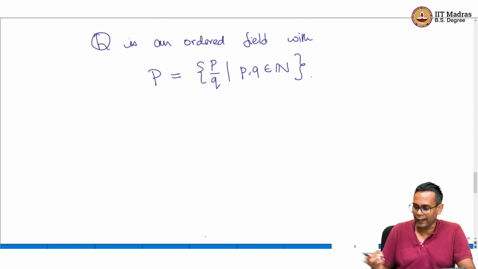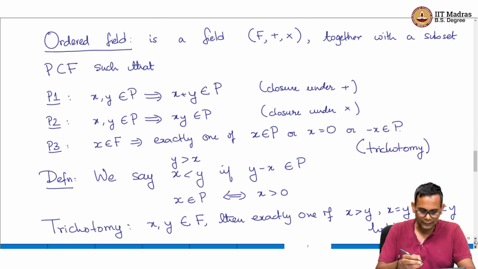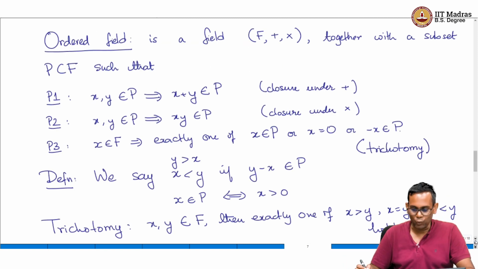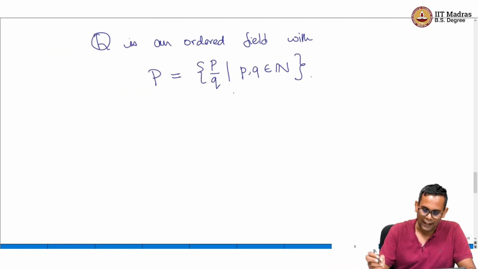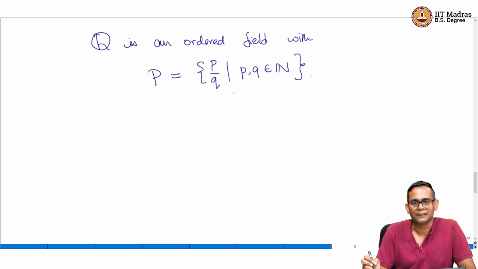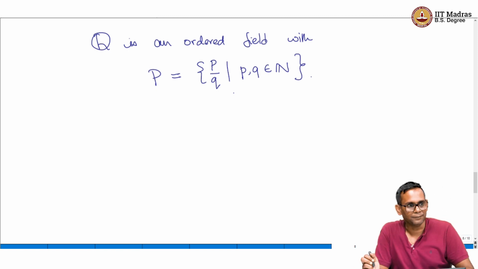And it is easy to check that all these three axioms hold for the rational numbers with this as the set of positive numbers. And I will leave this as an exercise to the student.